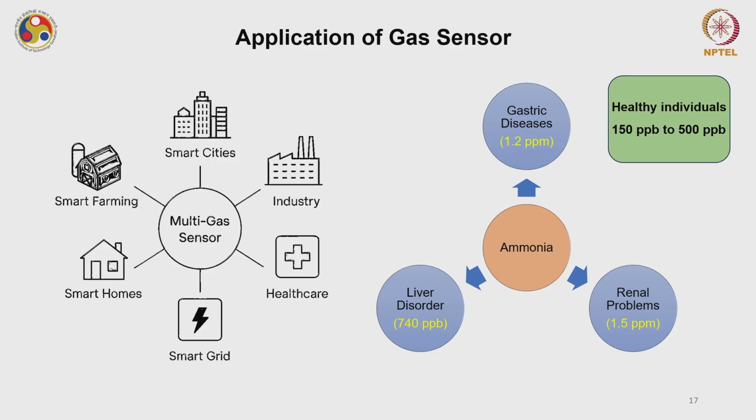Application of gas sensors is not limited to only pollution monitoring. It has gone to monitoring smart farms, be it a greenhouse or something else, be it gases participating in the nitrogen cycle of the earth or something else. In smart homes you need several types of gas sensors, be it LPG monitoring or VOC monitoring in the room.